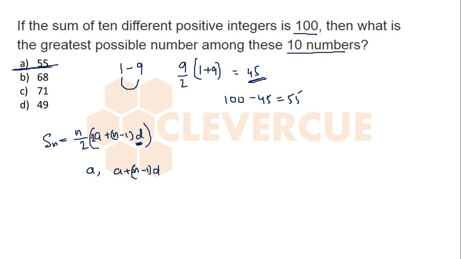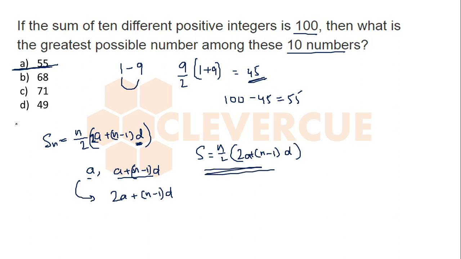Okay, the first number a and the last number a plus n minus 1 into d add up to 2a plus n minus 1 into d. Hence the sum will be n by 2 into 2a plus n minus 1 into d.